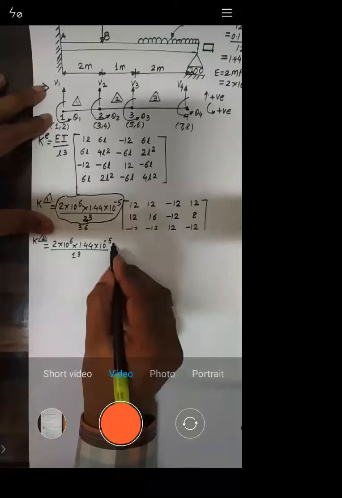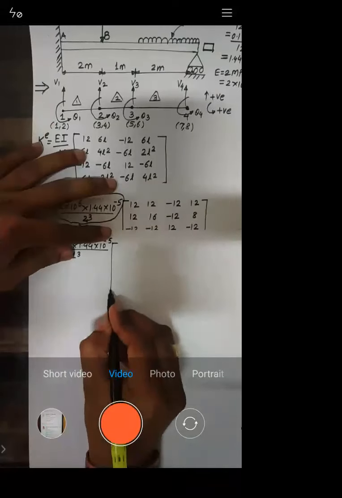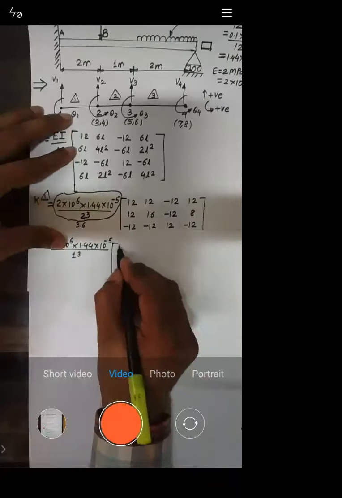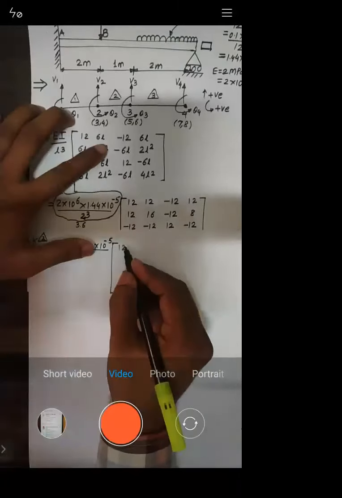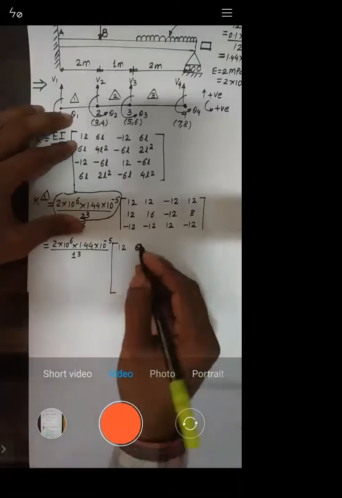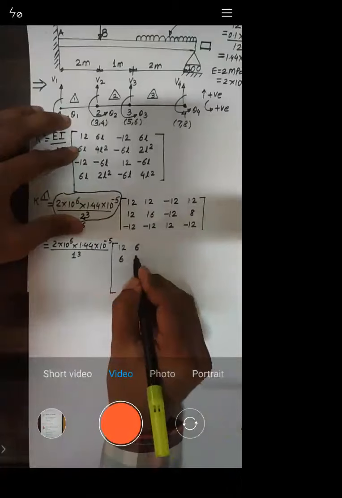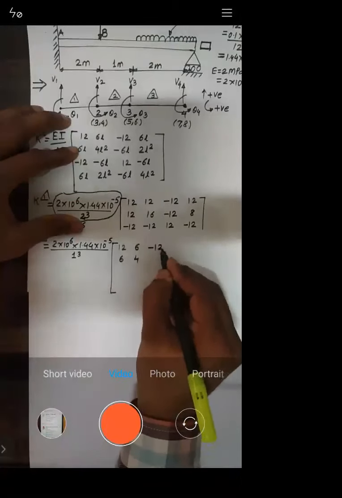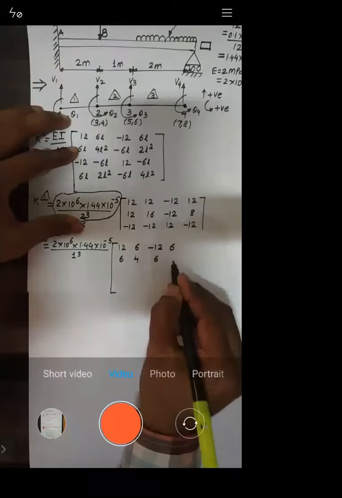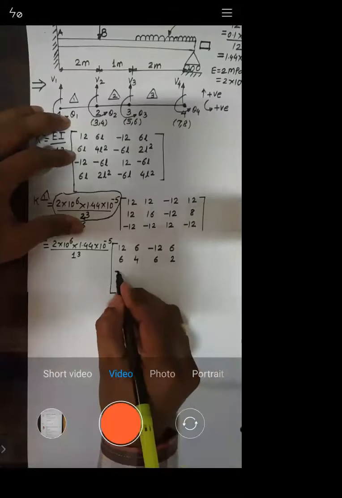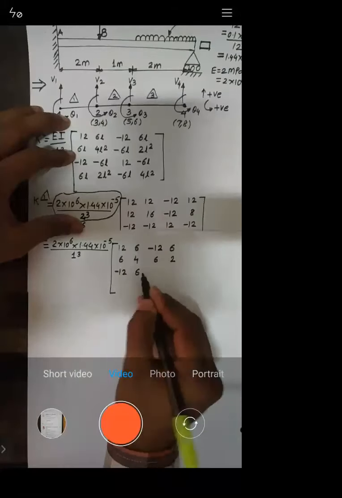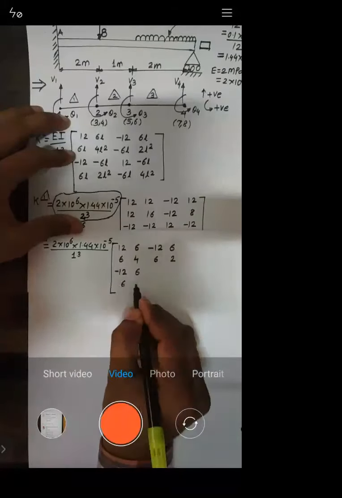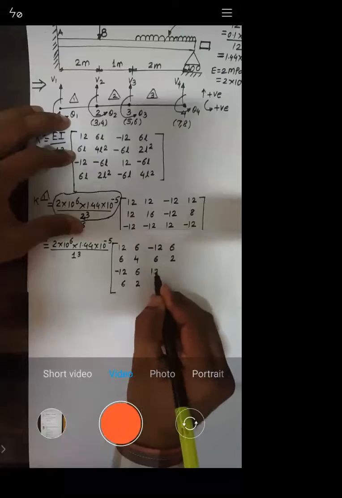Then we'll get 12, 6L, 6L, and L is 1 now. So 12, 6, 6, minus 12, 6, 6, 2, minus 12, 6, 6, 2, then 12, minus 6, and 4.